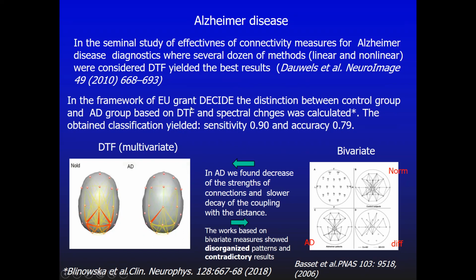However, in the framework of a European Union grant, we studied the distinction between the control group and the Alzheimer's disease group based on DTF and spectral changes. We have found quite a good classification between the normal and Alzheimer-affected group. Sensitivity 0.9 and accuracy almost 0.8.